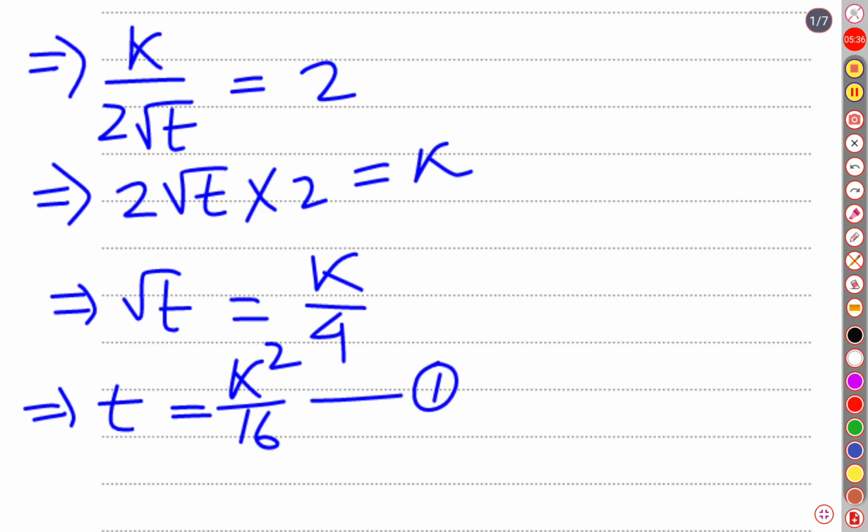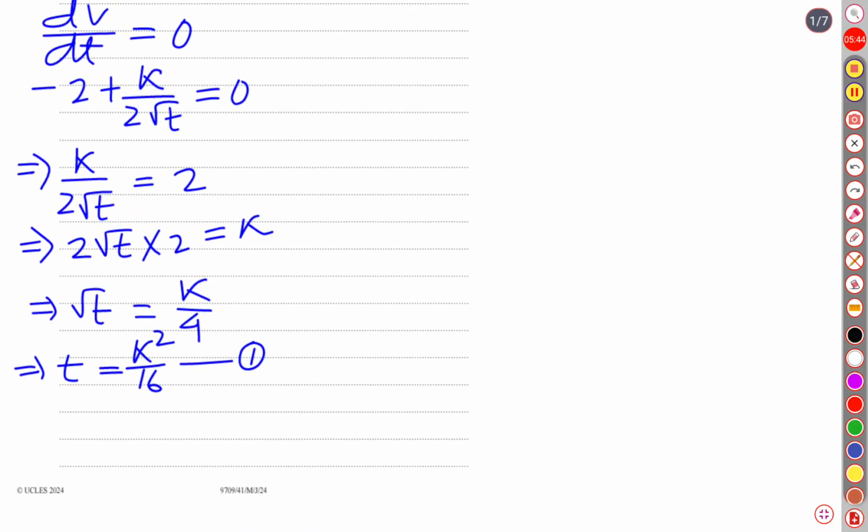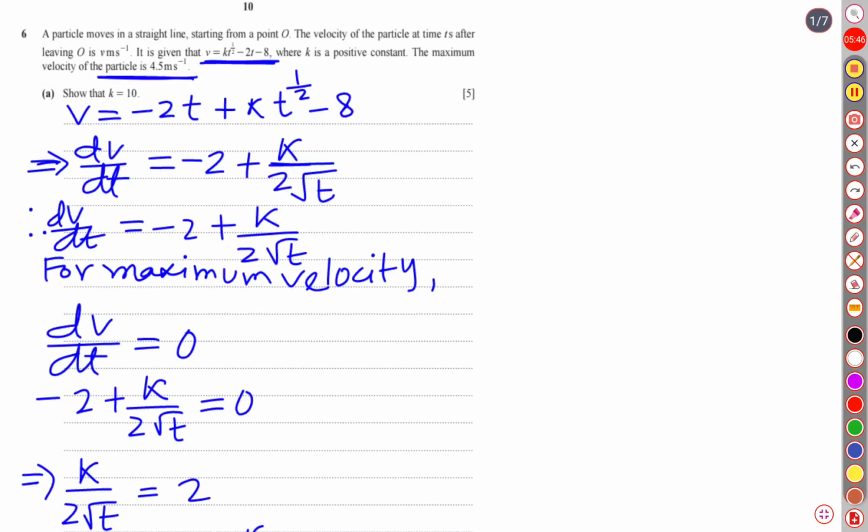Initially we clarified that we will have to form two simultaneous equations. So let's form the next equation. What is the next equation? They have told us that the maximum velocity is 4.5.